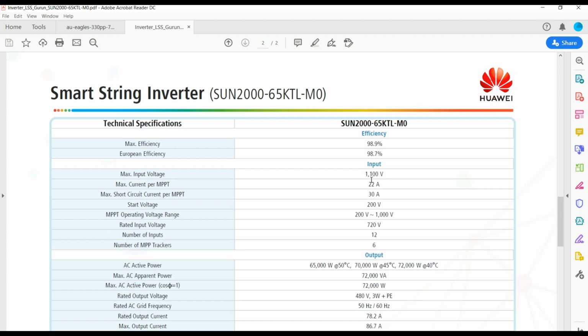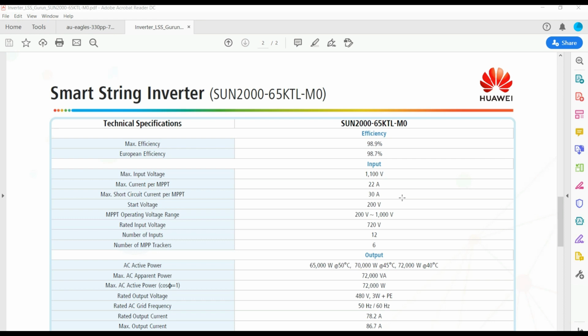And this is the maximum current of the inverter for each MPPT. So how many MPPT does this inverter have? It has 6 MPPT. So the start voltage is 200 volt. Okay, so the inverter will start to operate starting from 200 volt.